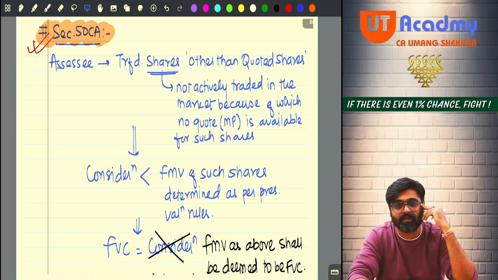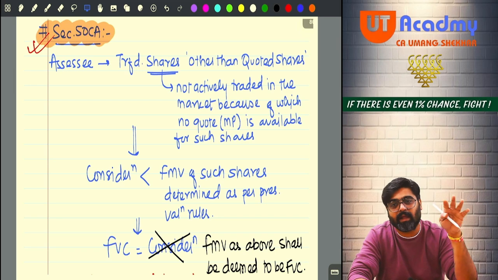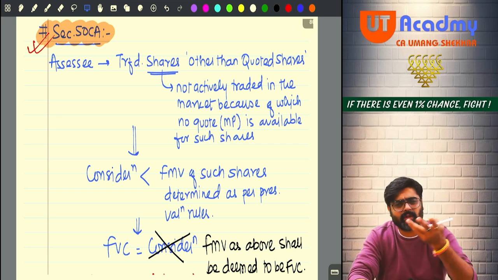If I had sold the shares for 500 and offered only 200 for the purpose of charging tax, saying I sold the shares for 200 only, they had to accept it. Because even if they wanted to verify, how would they verify if there is no market price available?